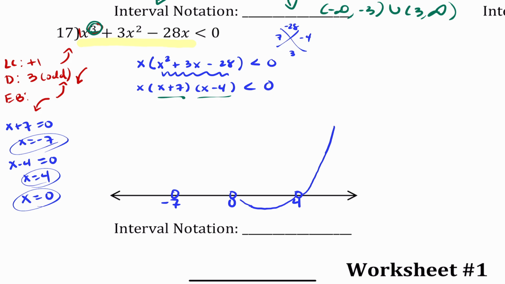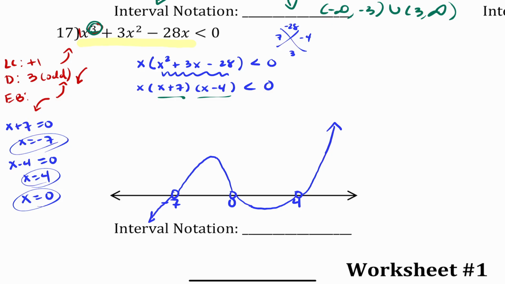That's a single root. So I'm going to cross. And now I'm going to approach -7. And yes, that is a single root. I am going to cross. And look at the end behavior of this thing. That matches with what we had initially.